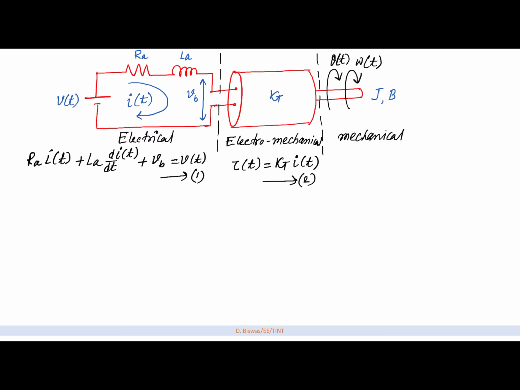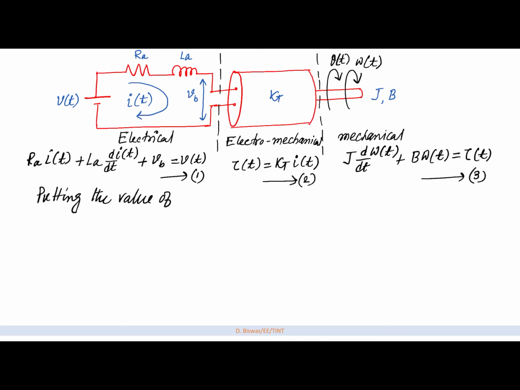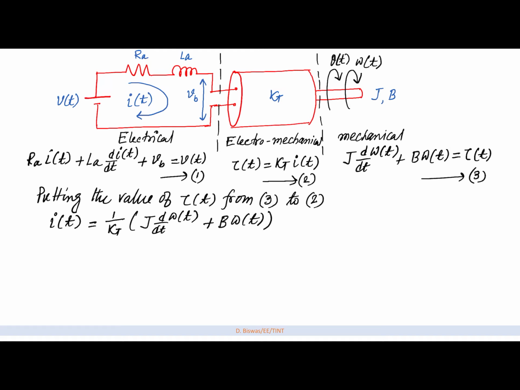Putting the value of torque from equation 3 to 2, we get the current it is equal to 1 by kt times J ddt of omega t plus B times omega t. This is equation number 4.